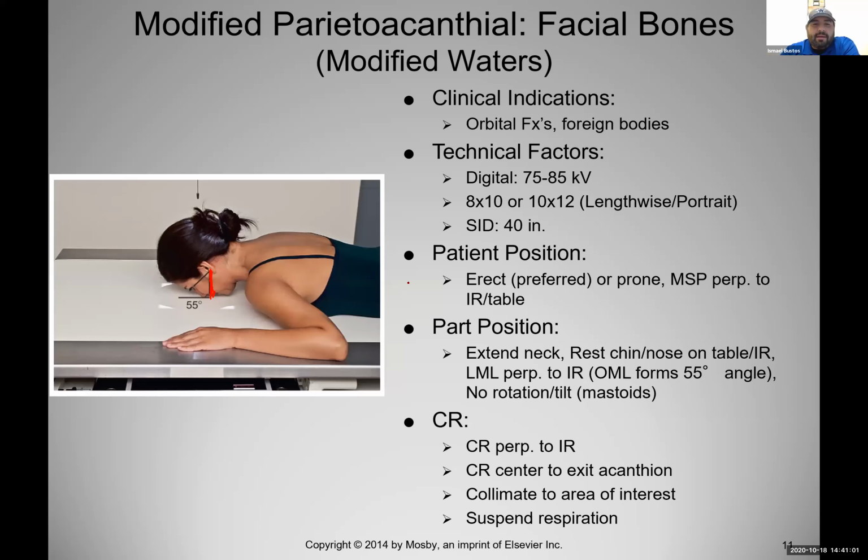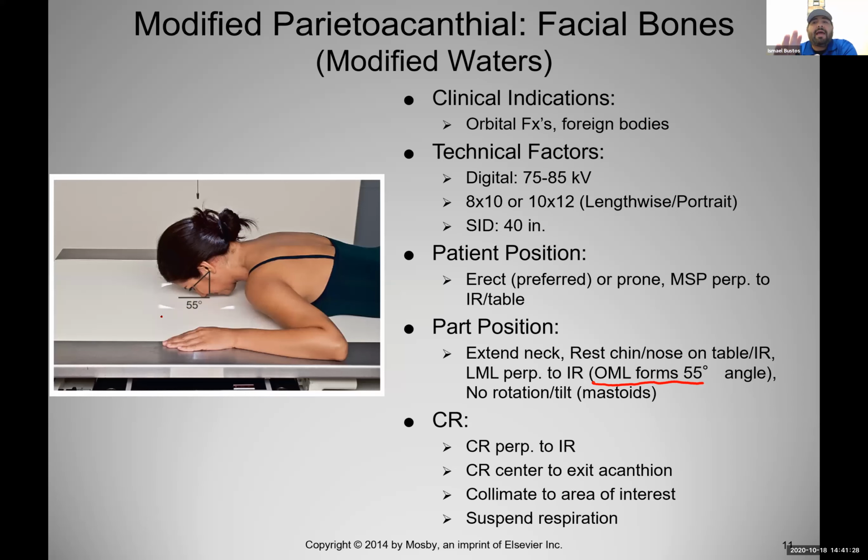When you do that, make sure that you do have the LML perpendicular to the image receptor. The important thing there is that the OML is going to form a 55-degree angle with the table. If we look at this, that line to the table now is at a 55-degree angle. Remember, last time it was a 37-degree angle with the regular Waters.